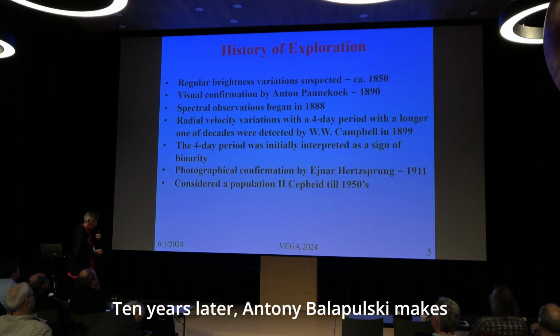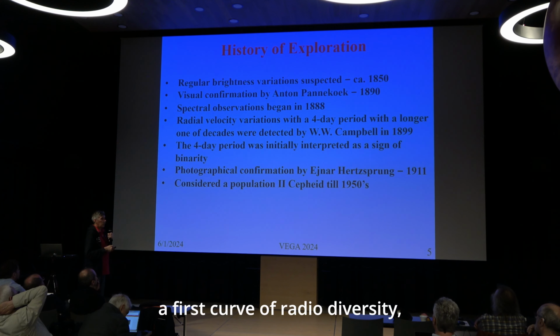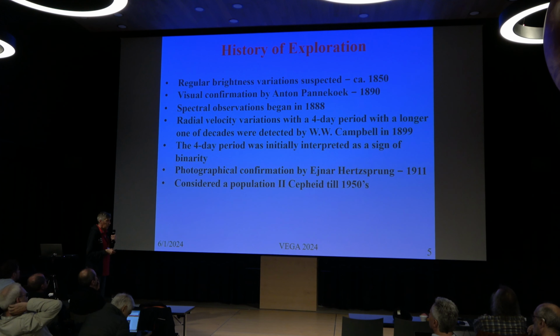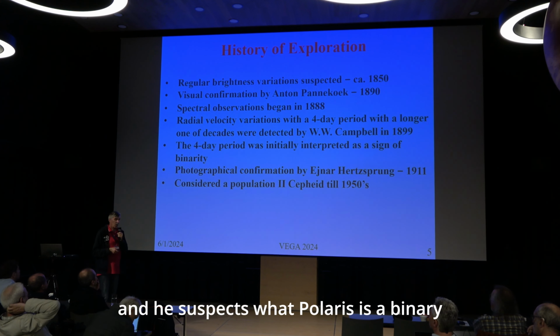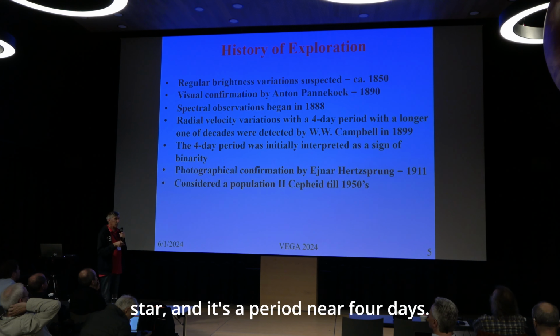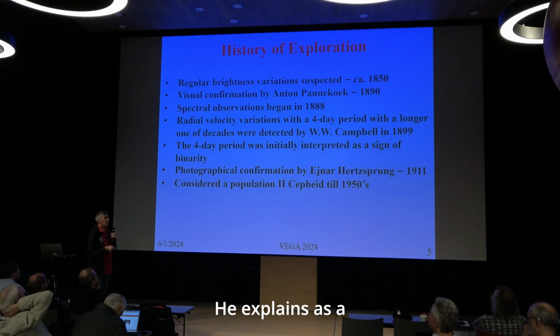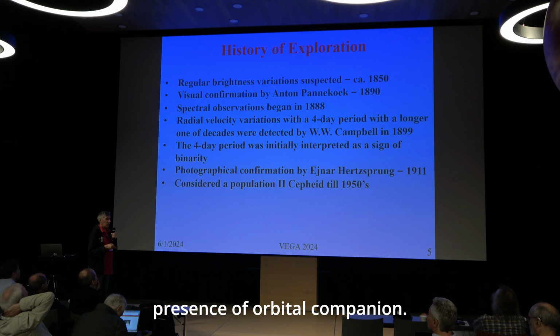Ten years later, Antoni Belopolsky made the first radial velocity curve, and he suspected that Polaris is a binary star, explaining its period near 4 days as the presence of an orbital companion.